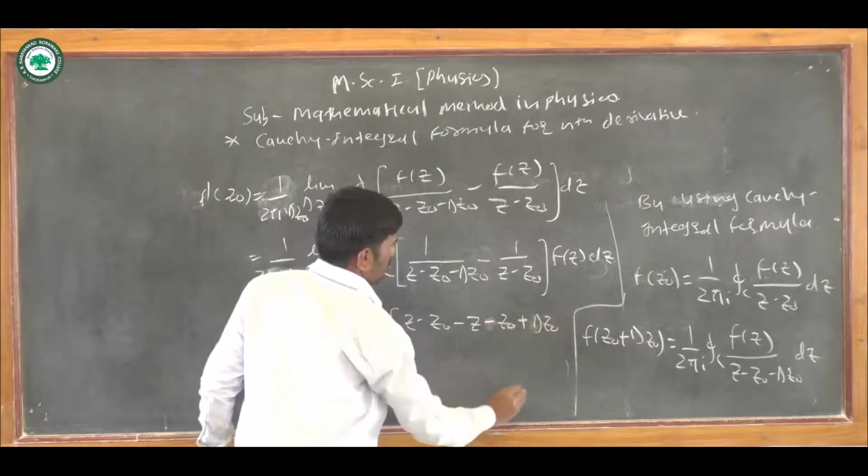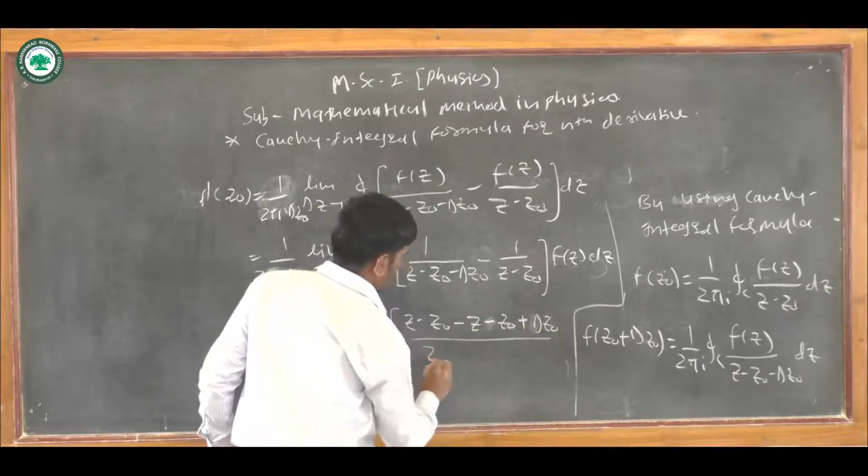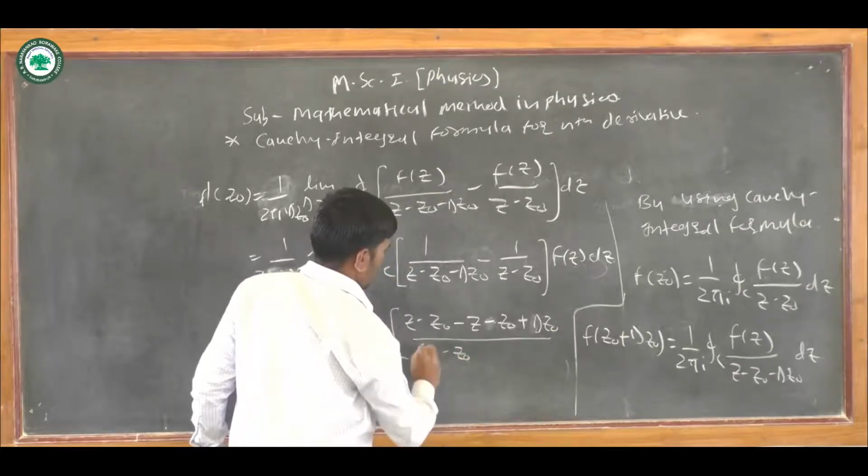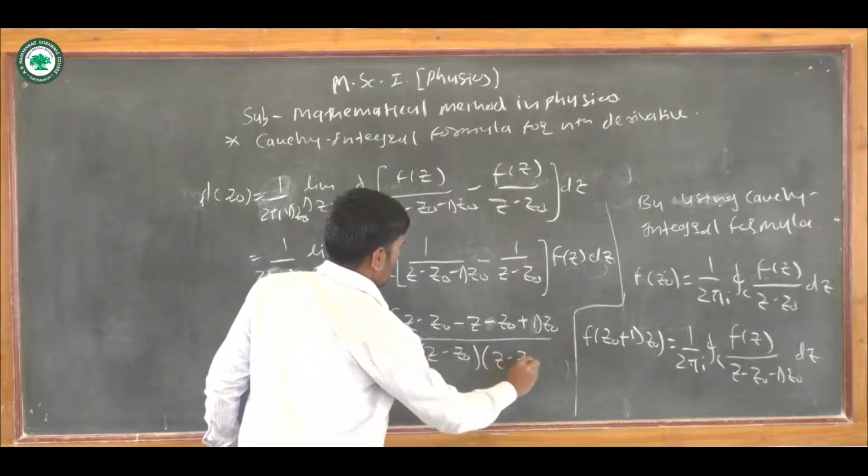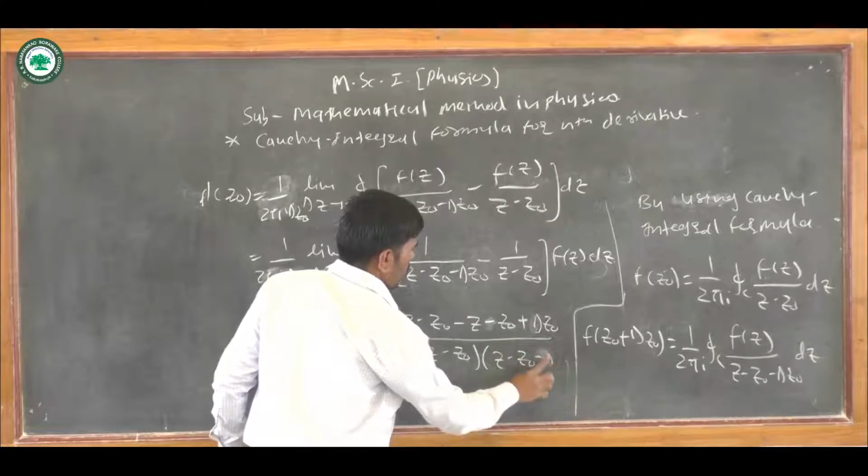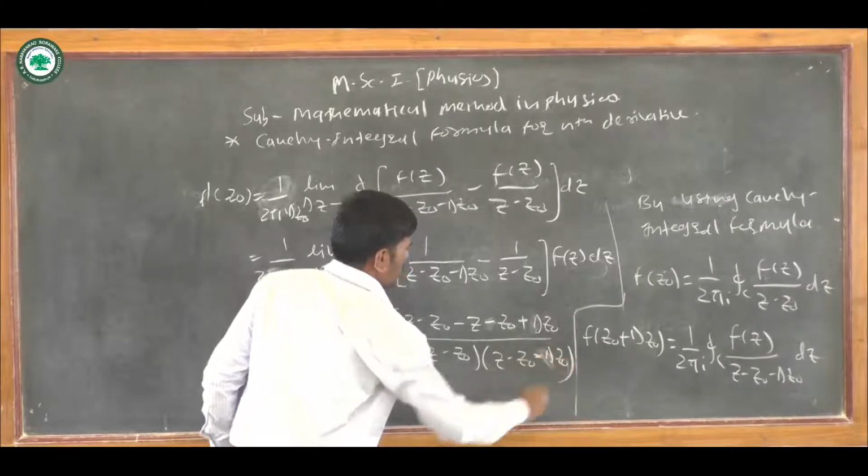del z naught divided by z minus z naught into z minus z naught del z naught.